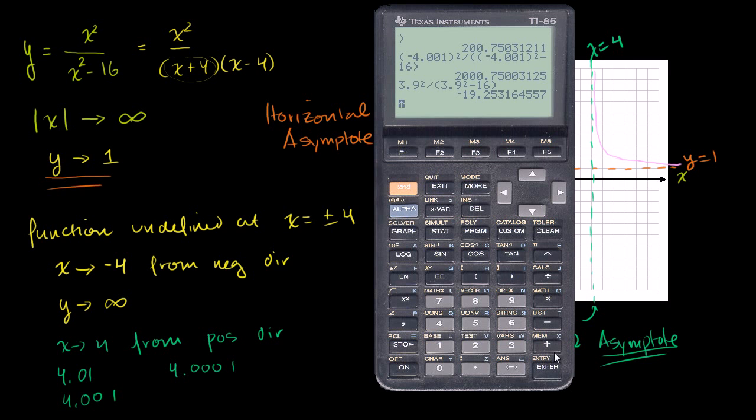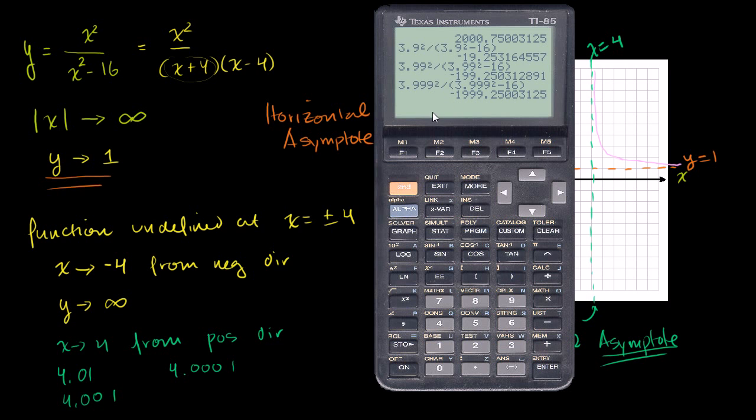Now what happens if we do 3.99? So let me put another 9 here. We're going to get closer and closer to 4, and we're doing it from the left-hand side. So we're even more negative. Let's do one more: 3.999. We get even closer to 4, and you're getting even more negative.